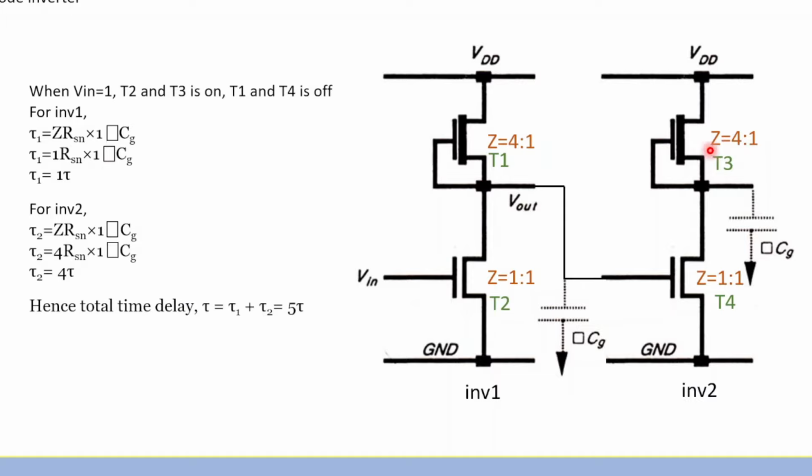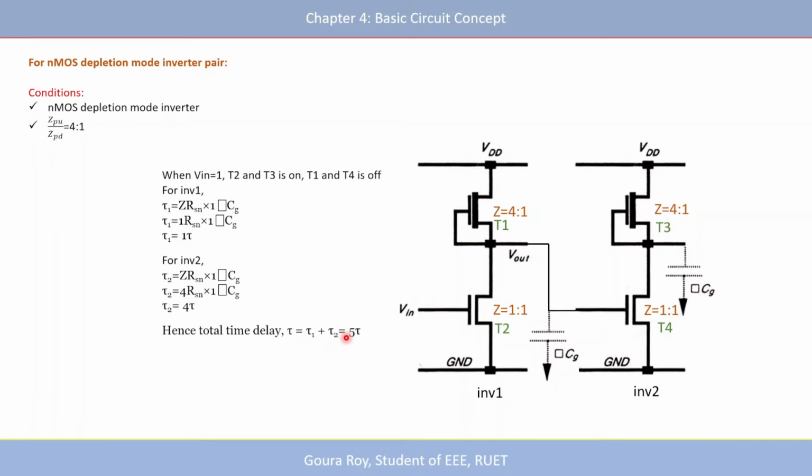For inverter 2, transistor T3 is on, so the Z value will come from this transistor, that is 4. So tau 2 is 4 RSN multiplied by 1 square Cg, which results in 4 tau. So tau 2 becomes 4 tau. Hence the total time delay is tau 1 plus tau 2, which results in 5 tau.